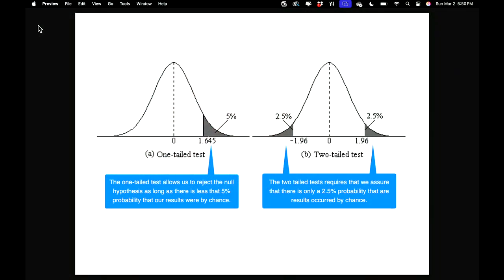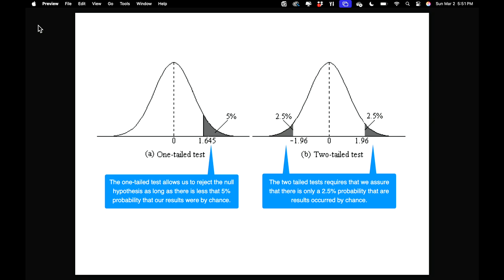There has to be a 5% or less chance of this happening by chance, and we have to divide it between both tails. So you'll see in this graphic, if I'm going to do a two-tailed test and take into consideration iatrogenic effects, I'm actually raising the bar in terms of what is going to be significant.